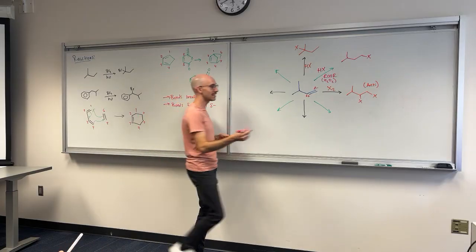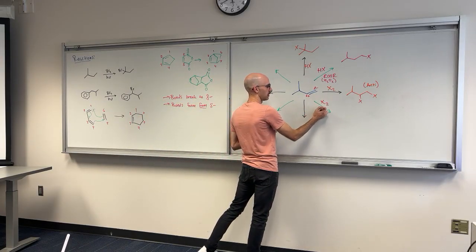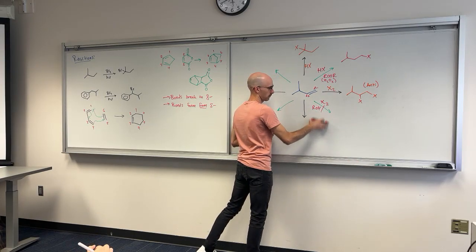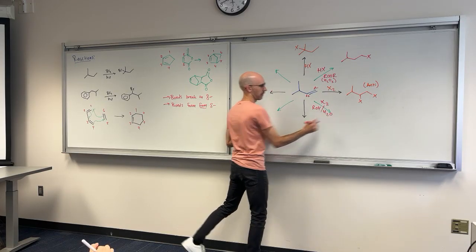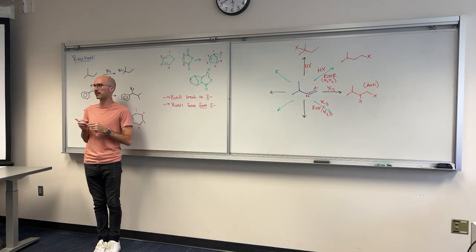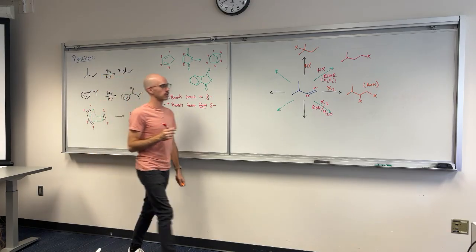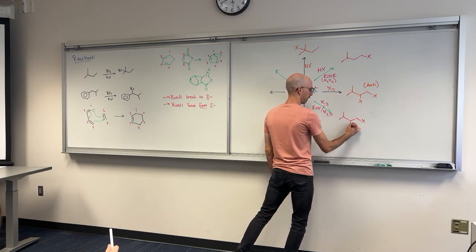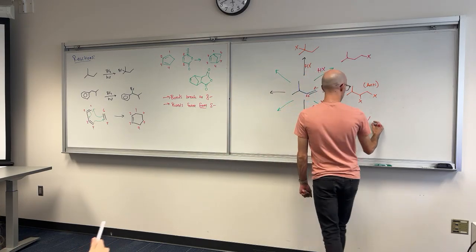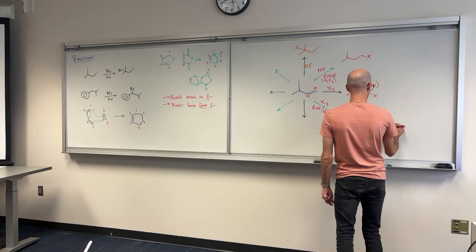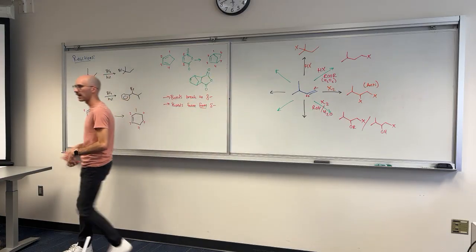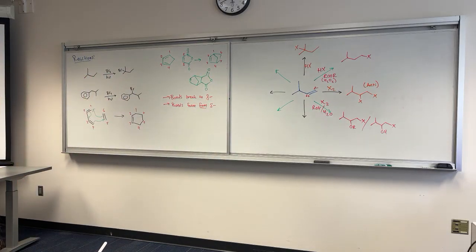If the solvent is listed with X2, then it's either listed as ROH or as H2O. So I'm going to show you what 2 products form from this. Instead of 2 halogens forming, I only get 1 halogen, and then I get either an ether group or a hydroxyl group.